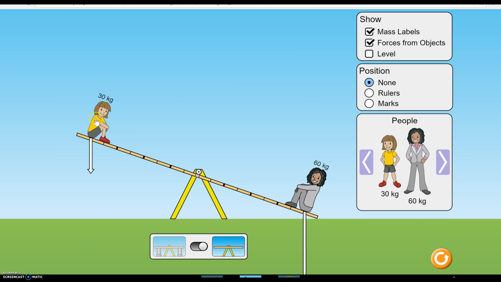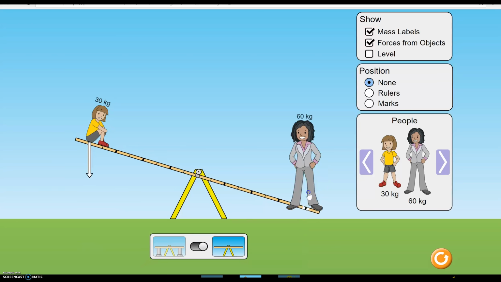Well, this person has a mass of 30 kilograms and this one has a mass of 60 kilograms, and they are the same distance from the pivot, right? So the seesaw will be tipped on the 60 kg person's side, because this person has a larger moment about the pivot than this 30 kg person here.